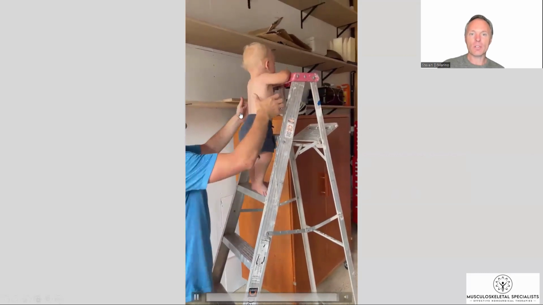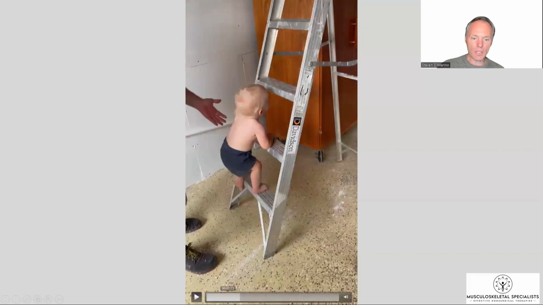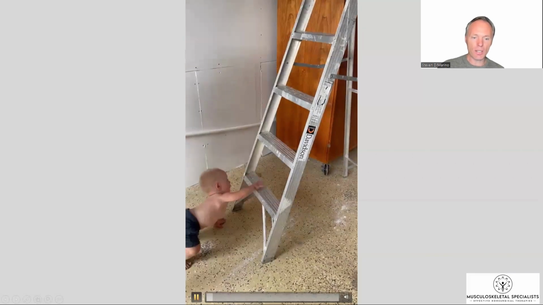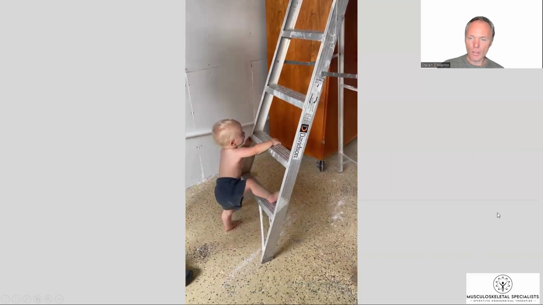There's absolutely no stress on the system. He's using only the muscles that he wants to, that he's got. But look at the hip flexion. Let's look at his hips. He's got no roll, and what we want is a straight head, respiratory diaphragm to the pelvic diaphragm in a straight line, and everything's aligned.